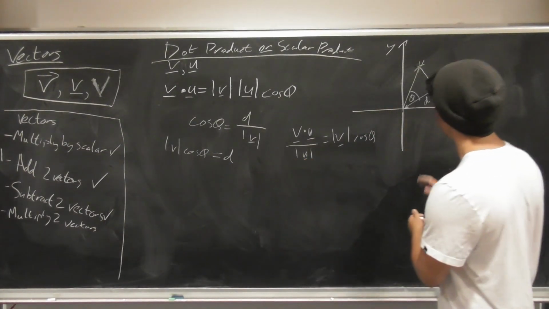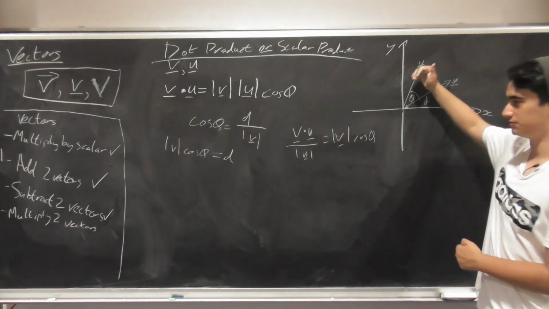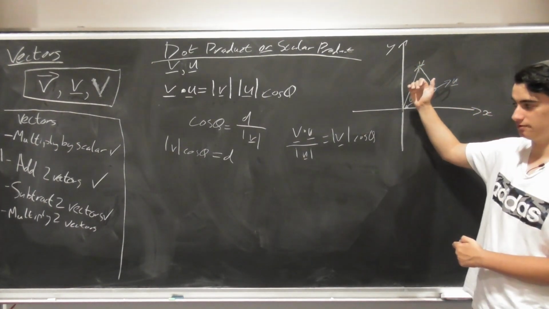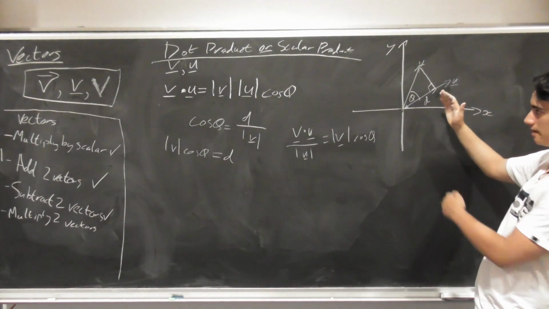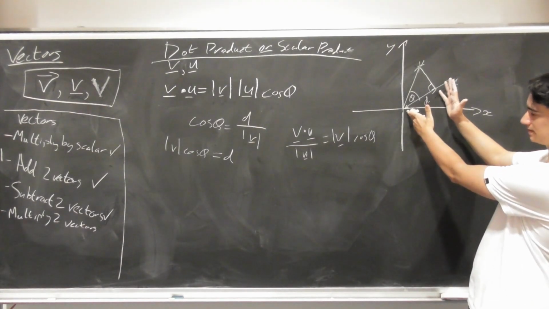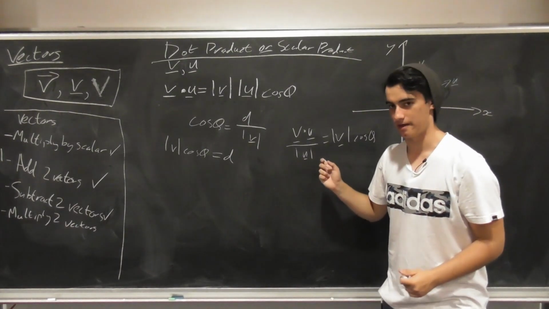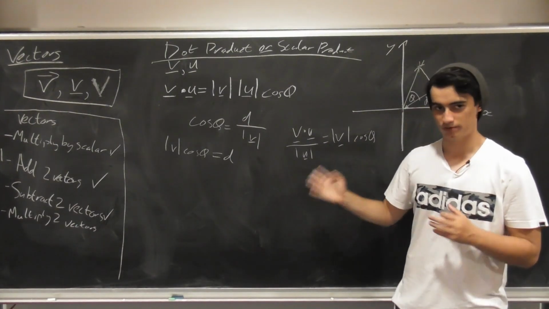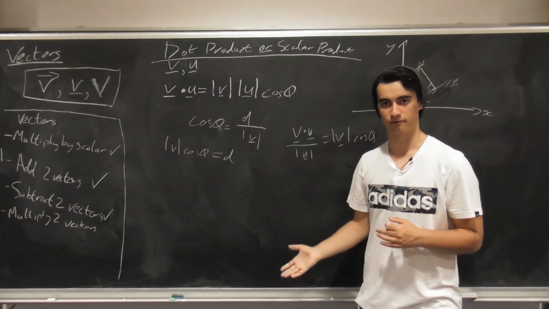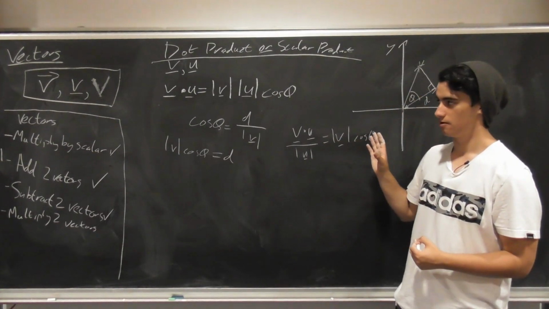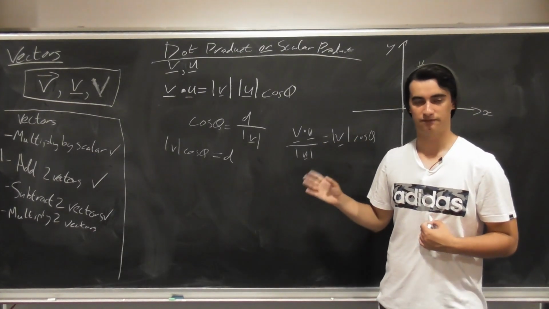So if we want to find how much of v is being projected onto u, or this distance d here, we take the dot product and divide it by the magnitude of u, which is a pretty neat feature of the dot product.